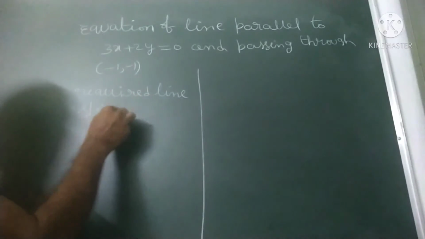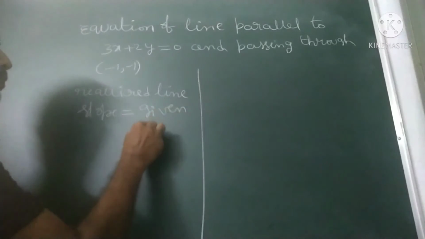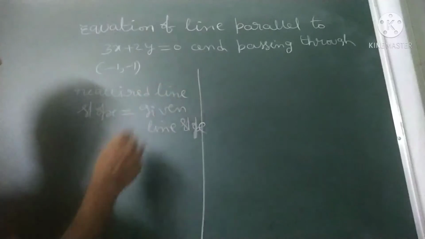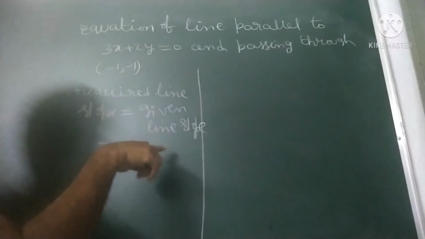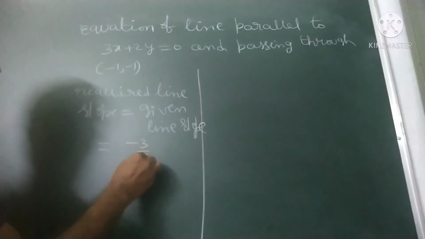The slope is equal to the given line's slope. Why? Because our required line is also parallel to this, that means the slopes are equal. So this line's slope was minus 3 by 2.